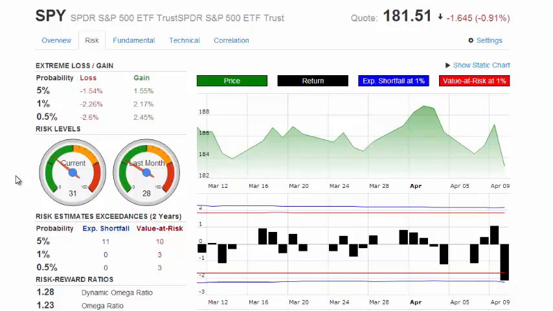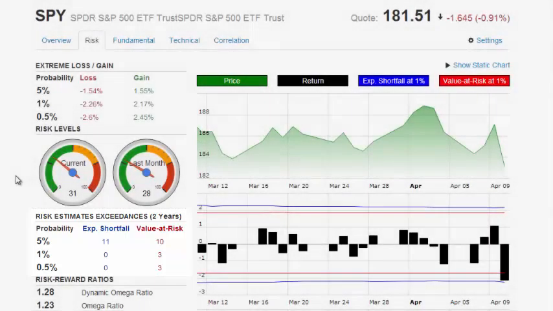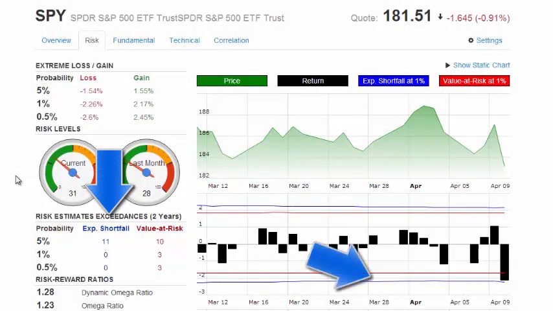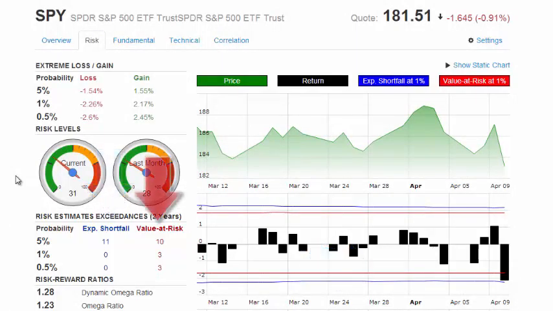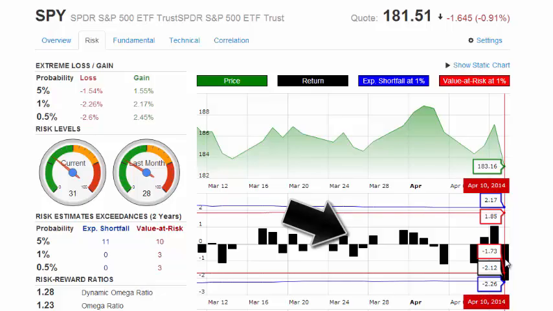The next section, Risk Exceedances, shows a comparison between two metrics: expected shortfall, which we previously identified as the lower blue line, and value at risk, which is represented by the lower red line. The exceedances table keeps a record of how many times the daily returns, shown in black, fall below or exceed the level indicated.